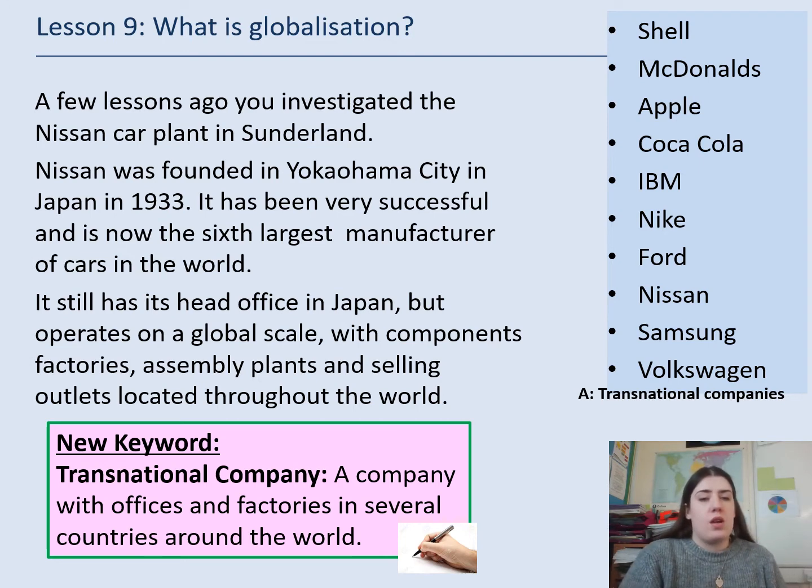So this is an example of a transnational company, and they have offices and factories in several countries around the world. The list above shows you other transnational companies such as McDonald's, Coca-Cola, Nike, Samsung. Make sure you write down the keyword.